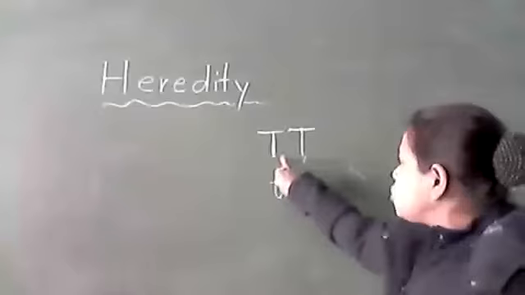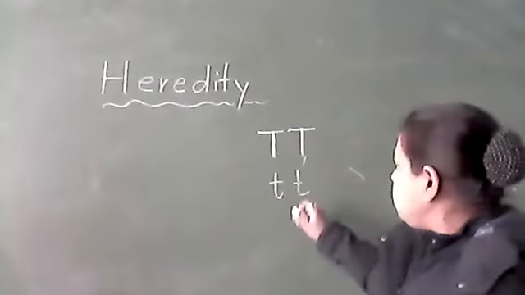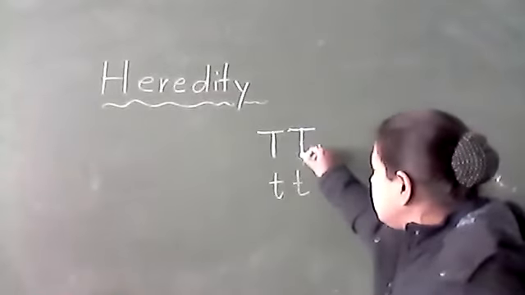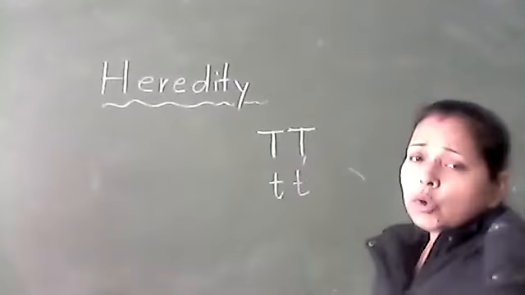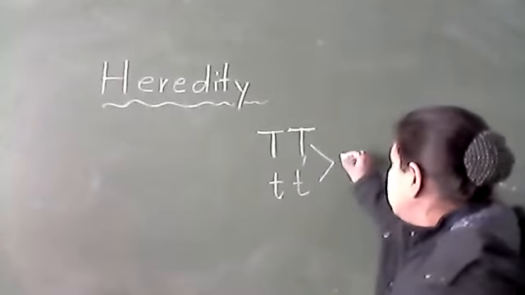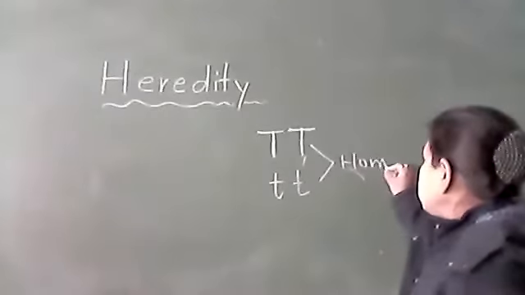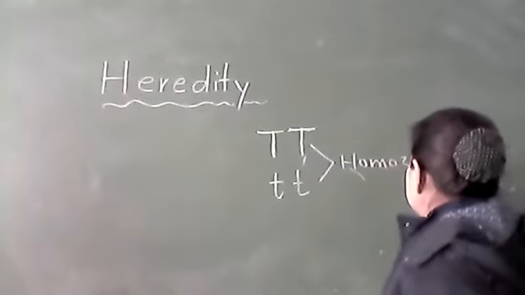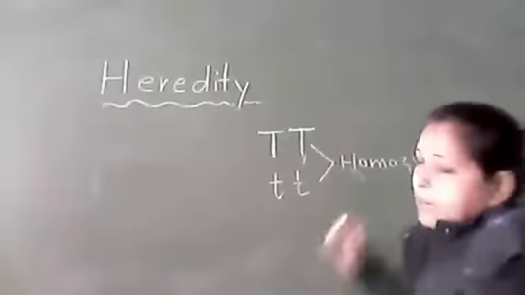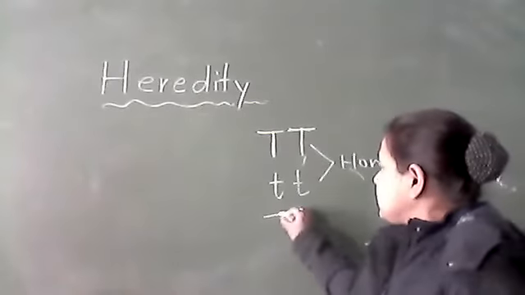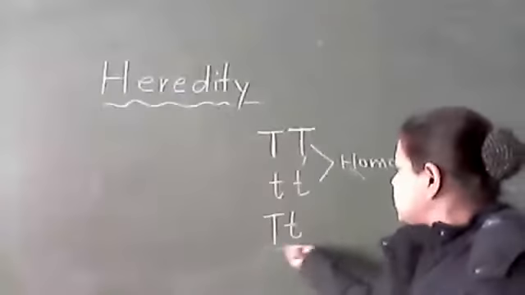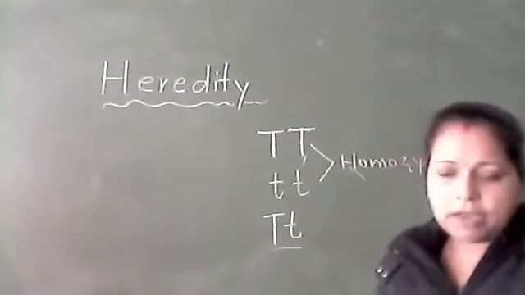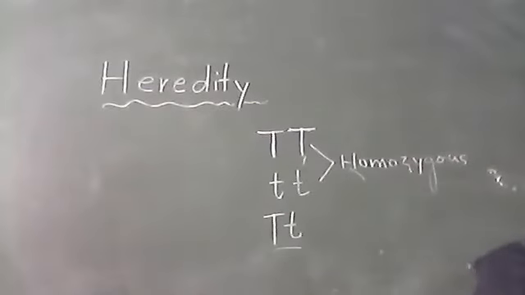If the same identical pair is there, we use the word homozygous. But if it is different, say one is this and another is this, this condition is called heterozygous, because different forms are there.